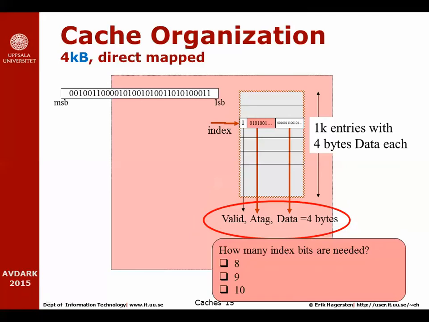So the first question here is, how many index bits are needed in order for this cache to work in the way I described? And you will check the box 10 here, because 2 to the power of 10 is 1K. So God has been very kind to us when we deal with a binary number system.